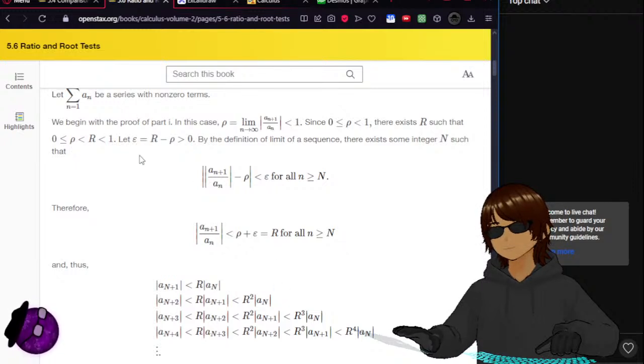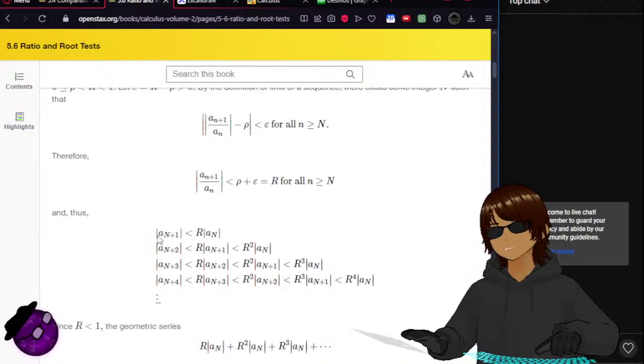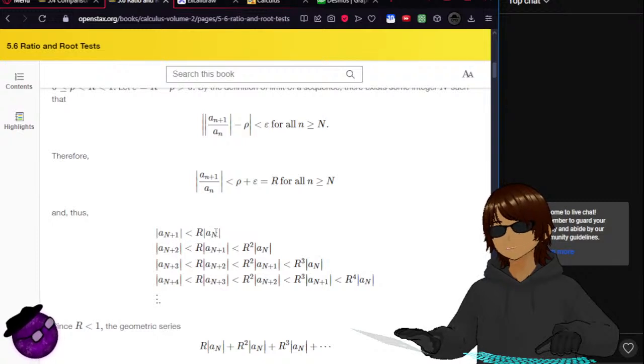Thus we have a(n+1) is less than or equal to r times a(n). Then we have r squared here, r cubed here.